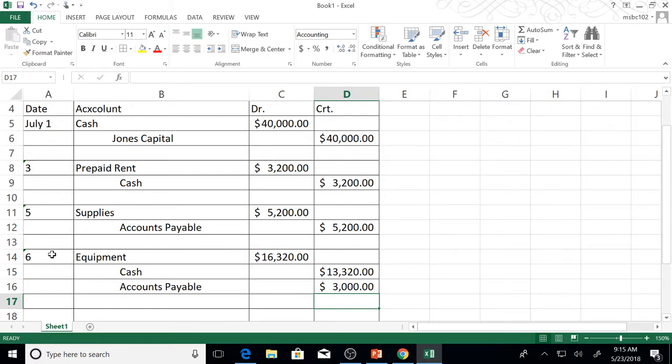The cash went down by how much? 13,320 negative. So notice I put it under the credit. And the equipment went up by 16,320. And the accounts payable went up by 3,000. See, I put it on the right side. All right, that's on the 6th.